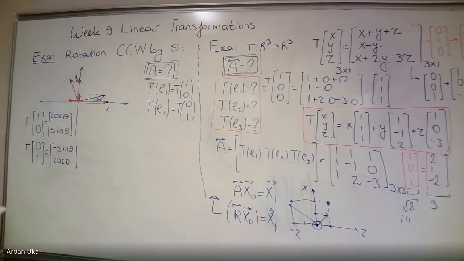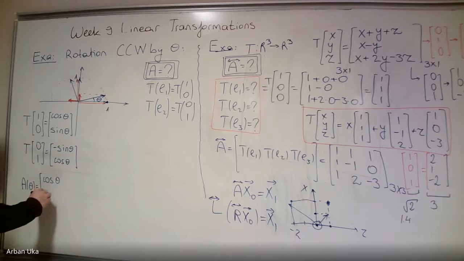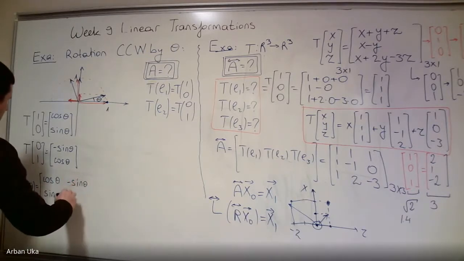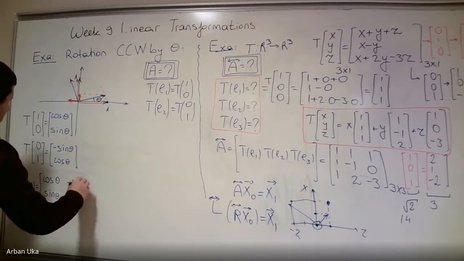Okay? That's good. So here we have a rotation, and the matrix which represents this rotation, we can write as A theta. This would be equal to cosine theta, sine theta, minus sine theta, cosine theta.